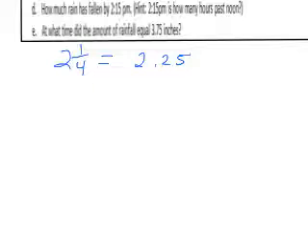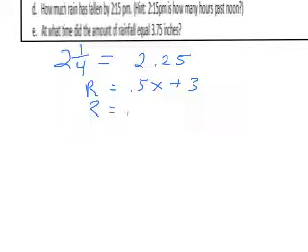So our equation, R equals 0.5x plus 3, we'll put in 2.25 for our time. So R equals 0.5 times 2.25 plus 3.